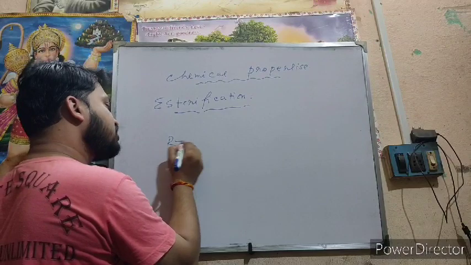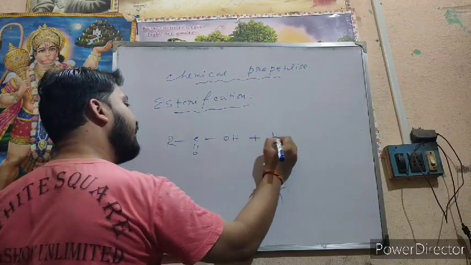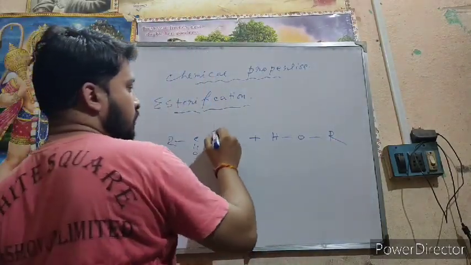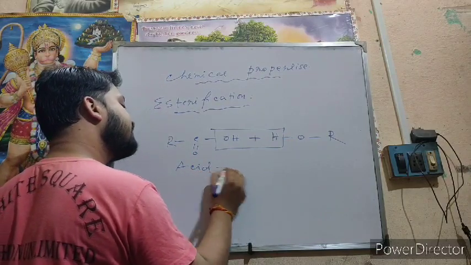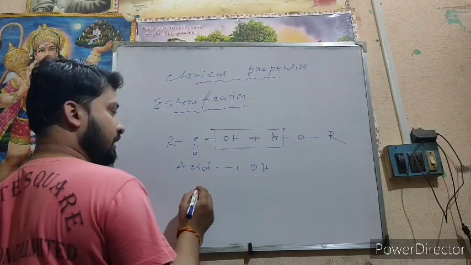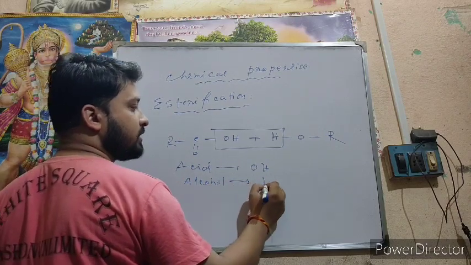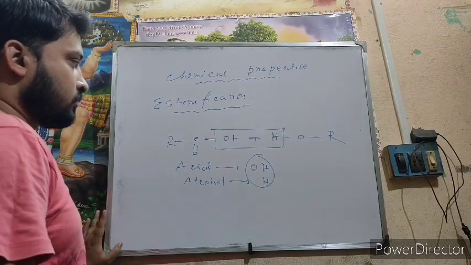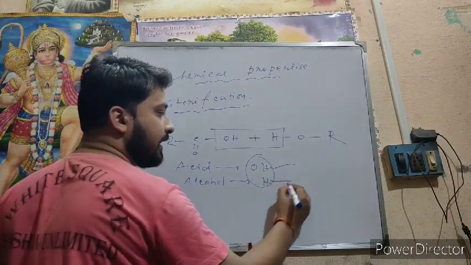Esterification means you just take acid and alcohol, and always I say that acid gives OH and alcohol gives H. Don't be confused. Acid gives OH and alcohol gives H.